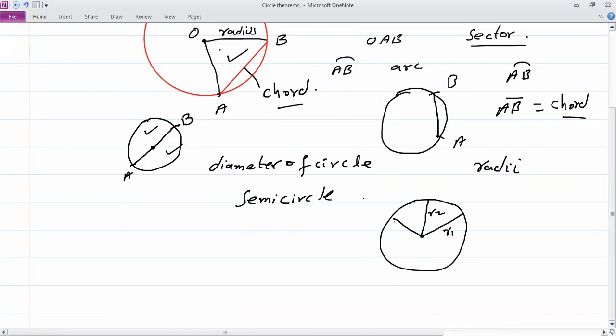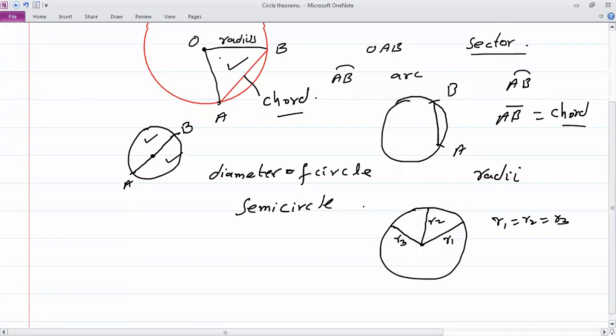From the center to any point of the circle, the distance is called the radius. If a circle has many radii, remember all radii will be equal. R1, R2, R3 will all be equal if they are the radii of the same circle.